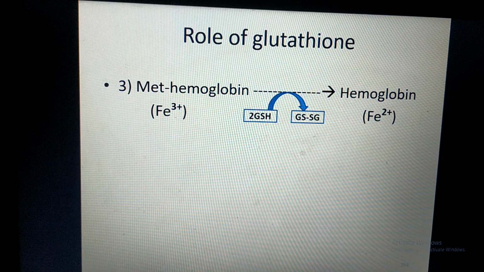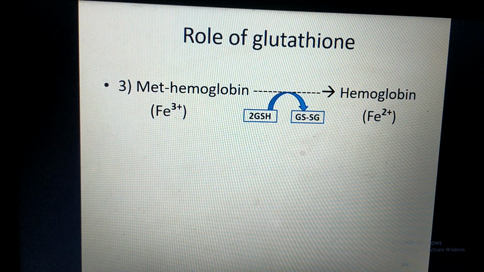Whereas in methemoglobin ferric iron is present, which is pentavalent. So it has 5 valencies and only combines with the globin chain. So it does not combine with oxygen. Therefore, methemoglobin is not for transport of oxygen.